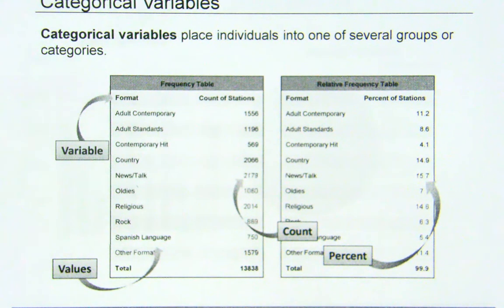Those are our individuals. Our variable is going to be the format of whatever that station is playing: adult contemporary, news talk, oldies, rock, Spanish language, other formats, and then those are your counts. So how many of those stations actually do have that type of format.